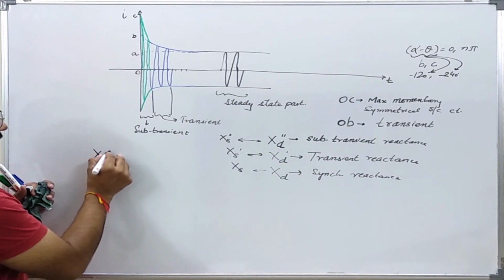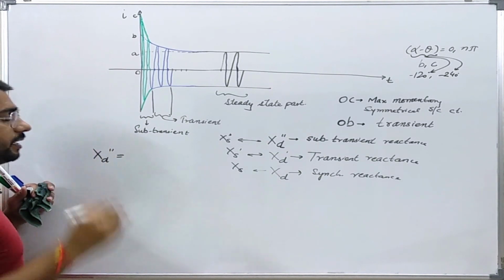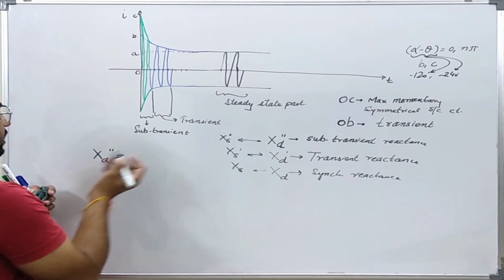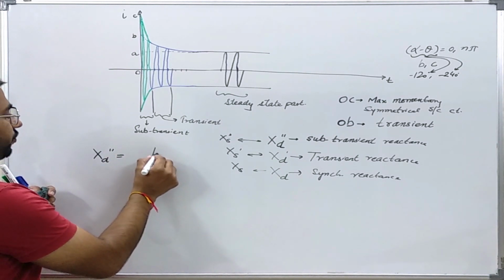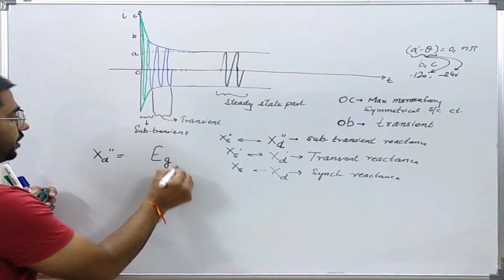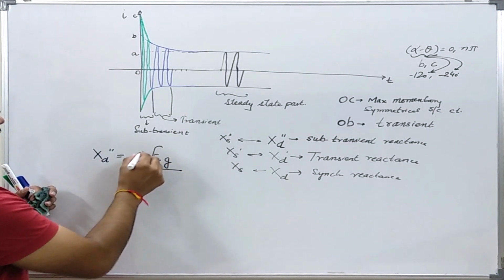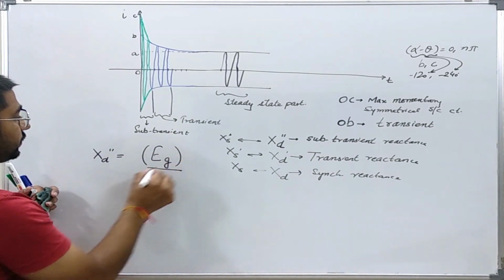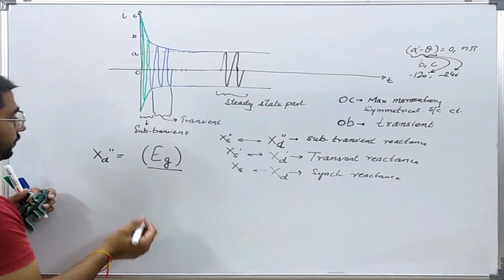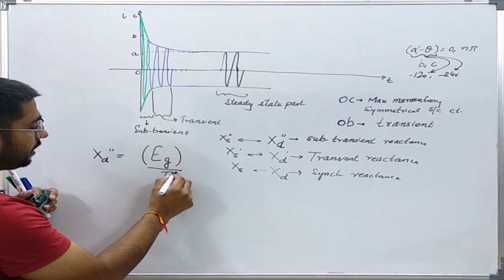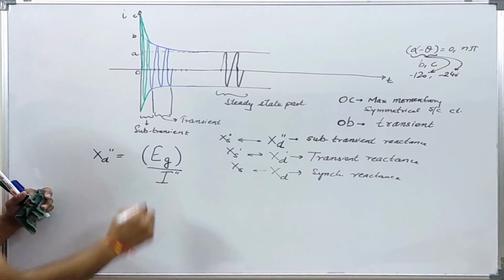XD double prime is usually shown by the ratio of the voltage over the sub-transient current.